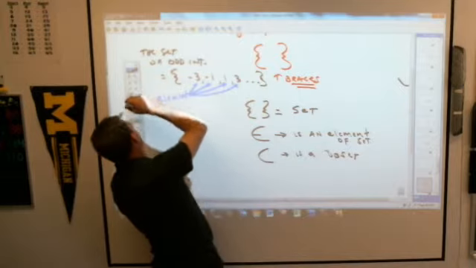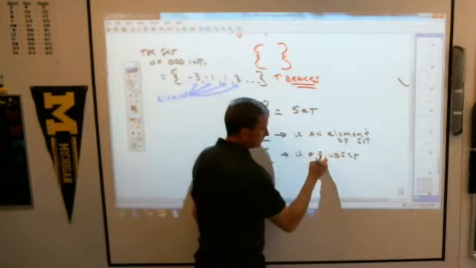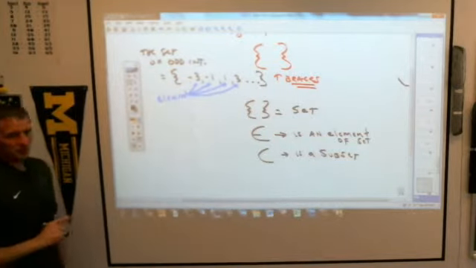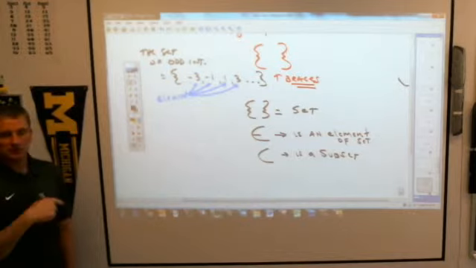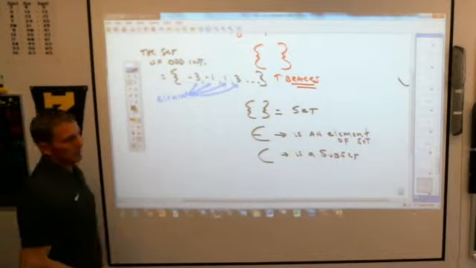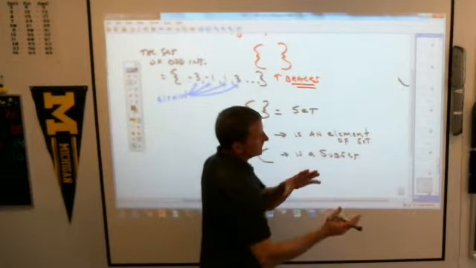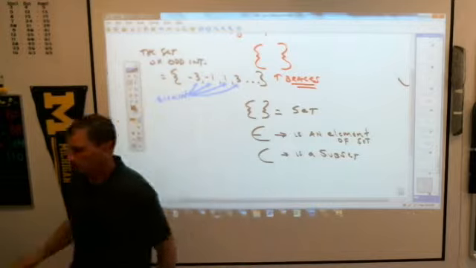It would be like if I were talking about the set of 7th graders. A subset would be 7th grade boys. Another subset would be 7th grade girls. A subset is a smaller grouping inside of a bigger one, where every part of it is a part of that set. We'll talk more about that later.